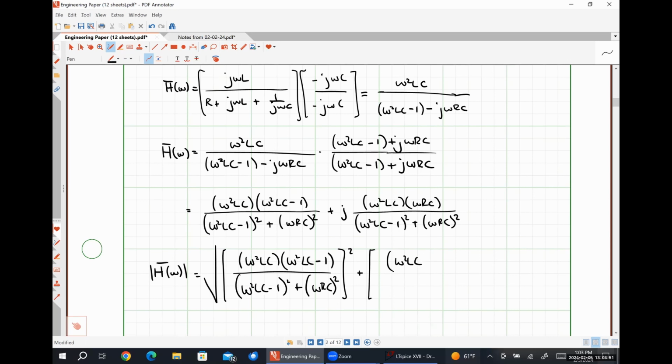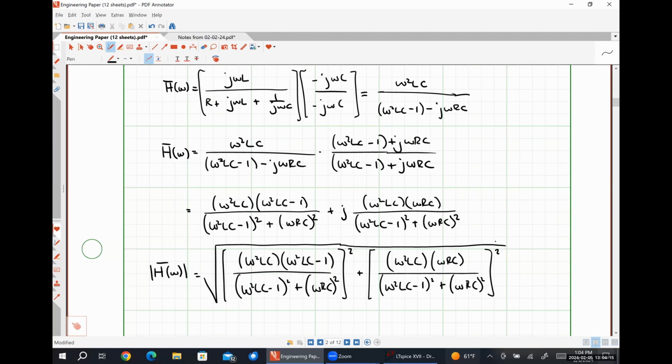Plus omega squared LC times omega RC over omega squared LC minus 1 squared plus omega RC squared, square outside of the bracket, everything under the square root sign.